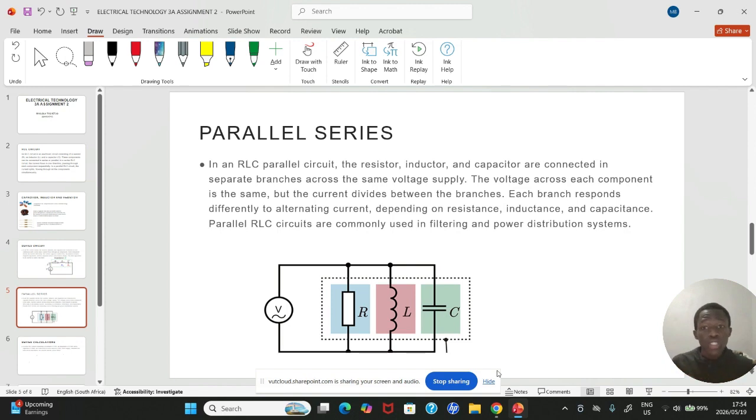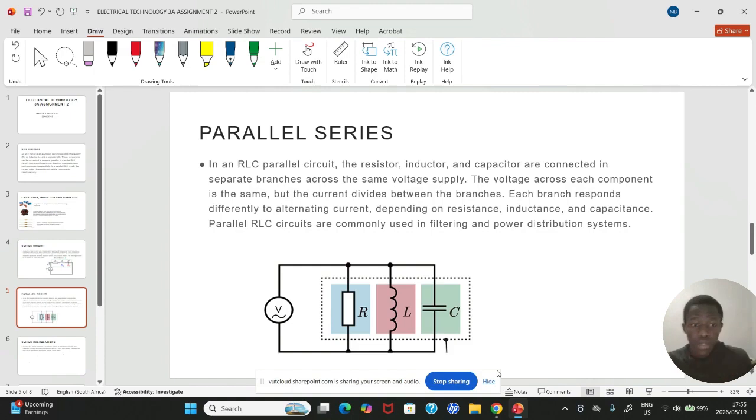So the voltage across each component is the same, but the current in each branch will divide. These RCL circuits are commonly used in filtering or power distribution systems, mainly in power systems.